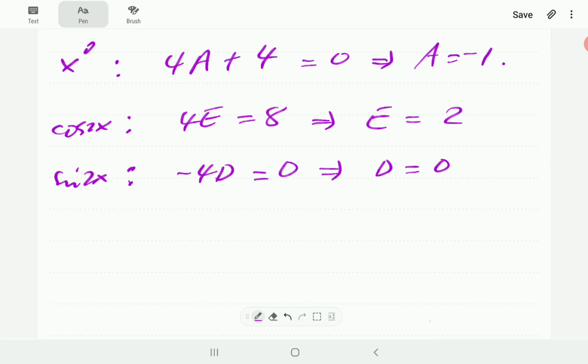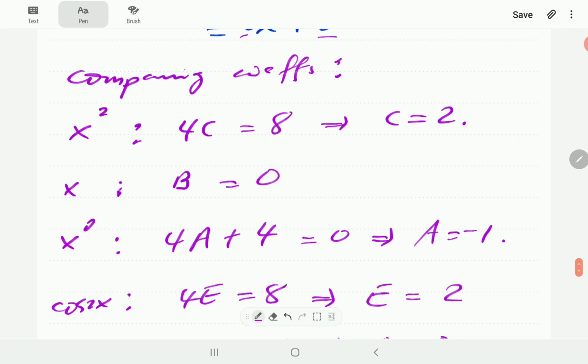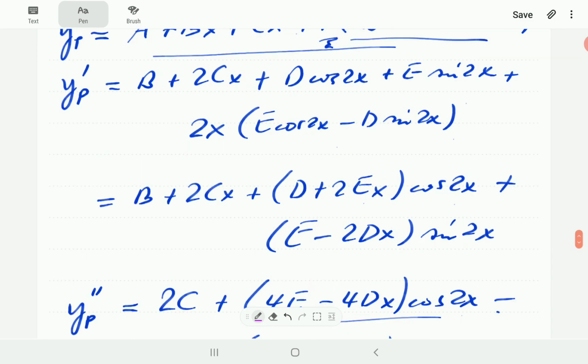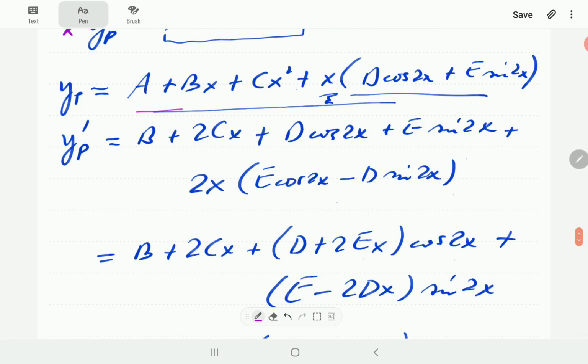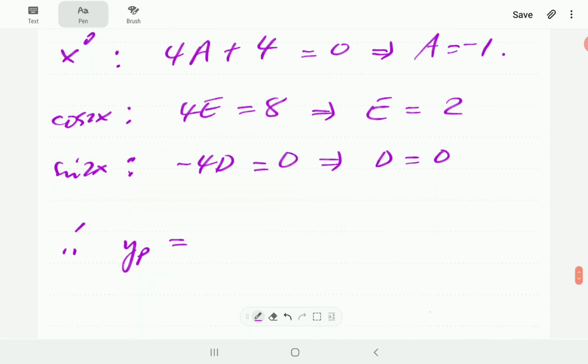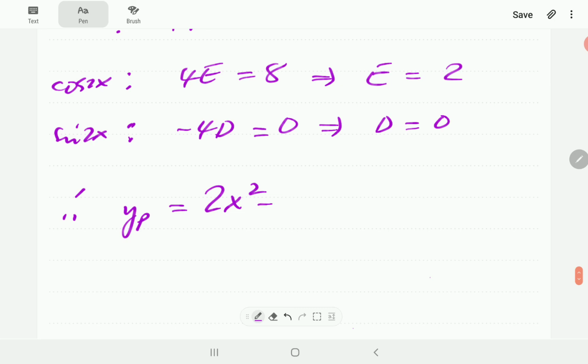And then we can plug these into our yp. So this is actually telling us that yp must be equal to, if you just go back to the original expression of our yp here, a is negative 1, b is 0, and c is 2, so it's going to be 2x squared minus 1.